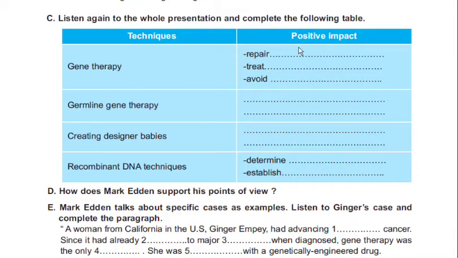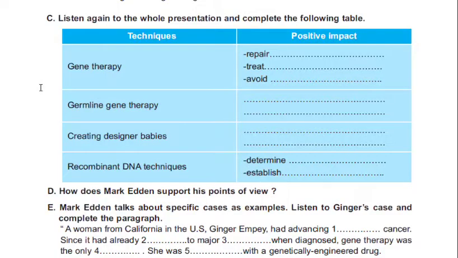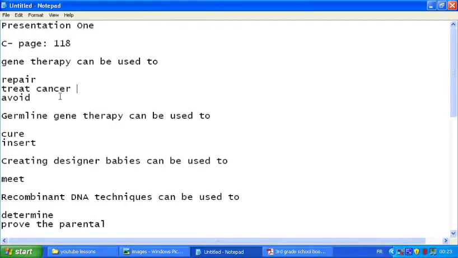So that is the first thing we're going to complete in here, to treat cancer. When treating cancer with gene therapy, we don't need the traditional way of treating cancer, which is with chemicals and other types of therapies, which are not always safe.